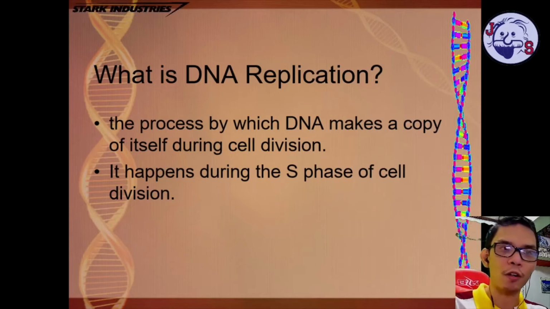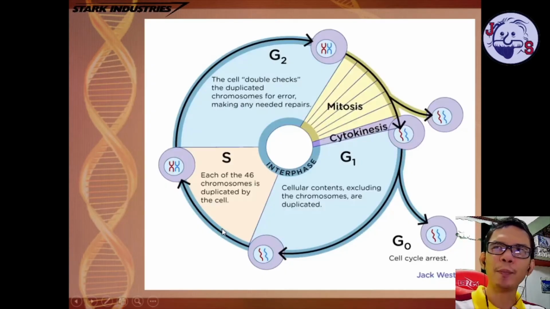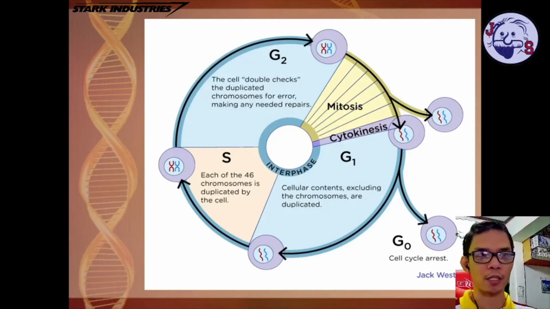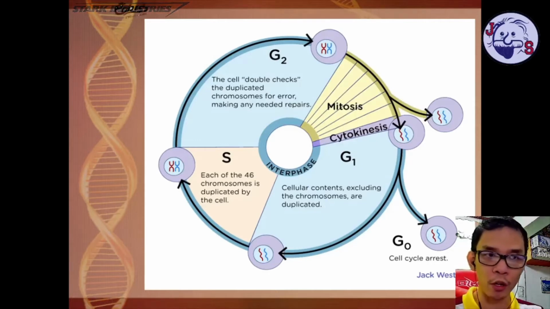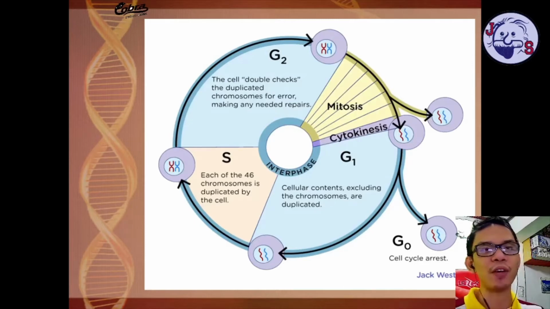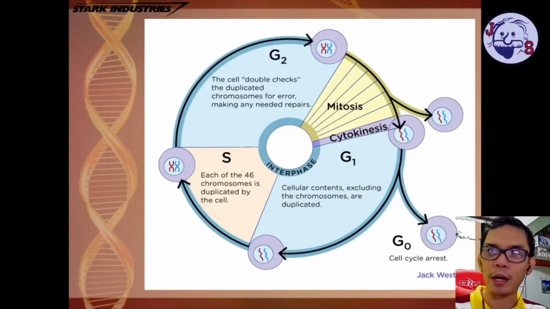In the process of cell division, especially mitosis, there are several phases. It starts first with the longest phase of cell division, called the interphase, followed by the prophase, metaphase, anaphase, and telophase. To start, before cell division, the cell starts with the G1 phase.